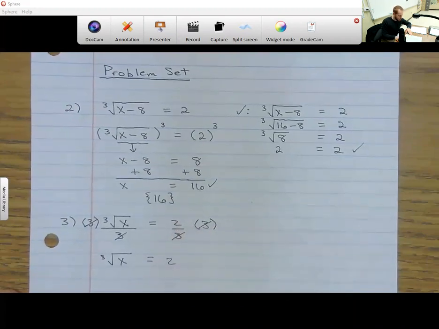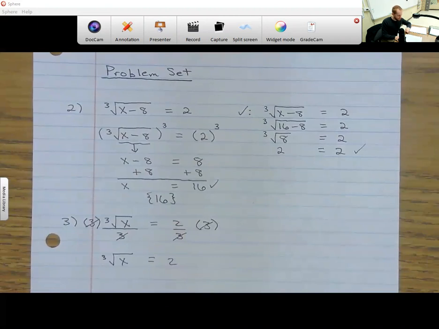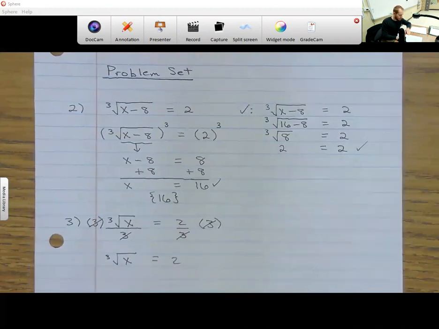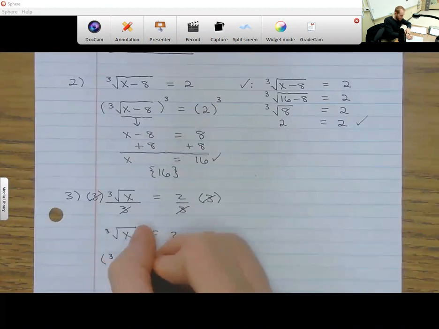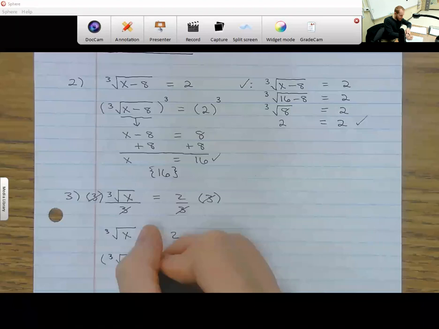So the cube root of x is equal to 2. Now what I can do is put everything inside parentheses and then cube both sides. That'll get rid of that cube root right there. So I'm going to put everything inside parentheses, cube both sides, and see what I get.